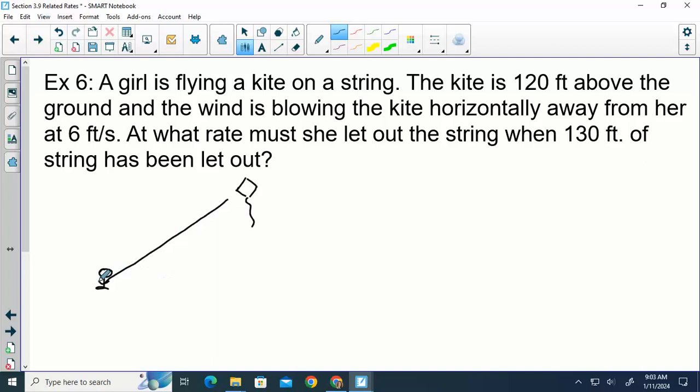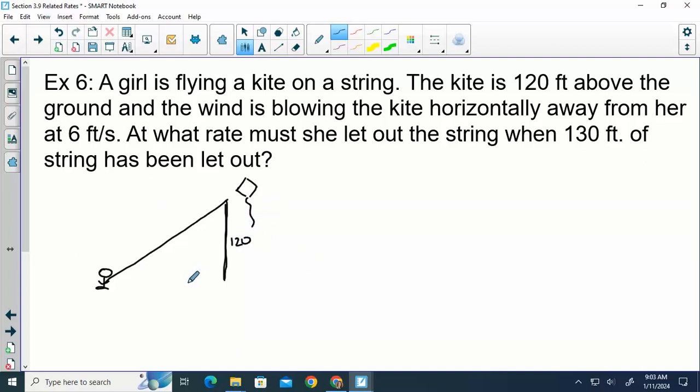So it's traveling away. I know the height off the ground is 120. Is that changing or constant? Constant. So I can go ahead and label that as 120.